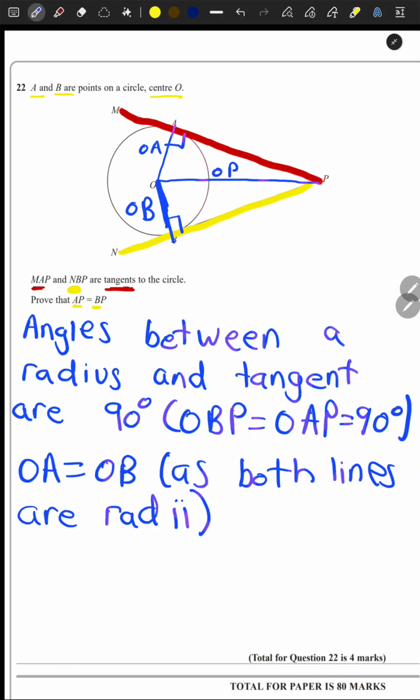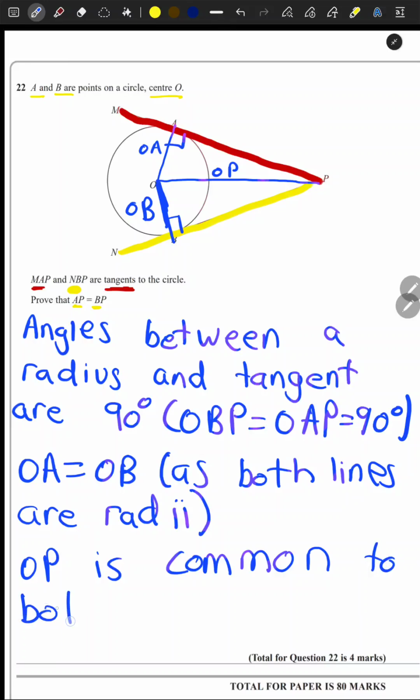For our final proof, we can say that OP is common to both triangles. As most of you can see by now, this is a circle question, but it is actually testing your skills on congruency.